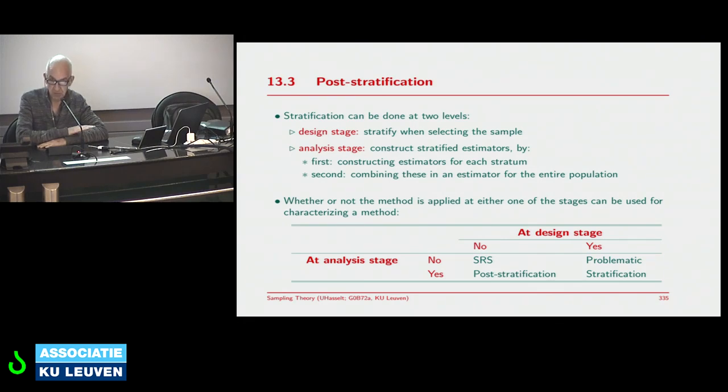And then, after the design stage, there comes the analysis stage, whereas we always say there should be a link from design to analysis, so we should take this into account. So if you do both, that is classical stratification. If you do none of the two, that's actually simple random sampling.